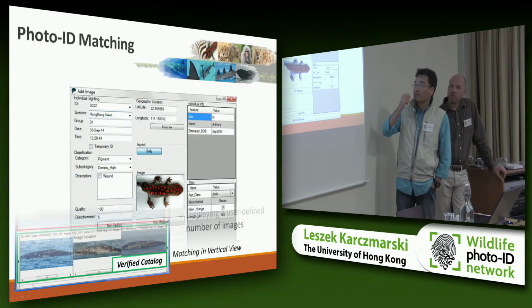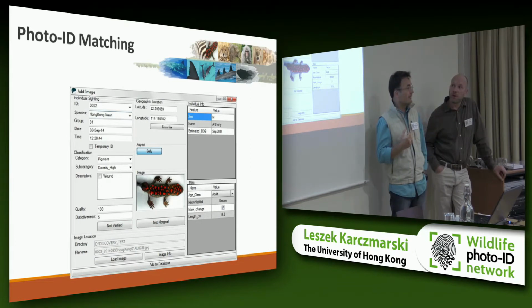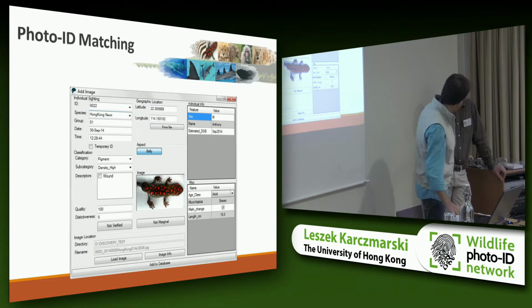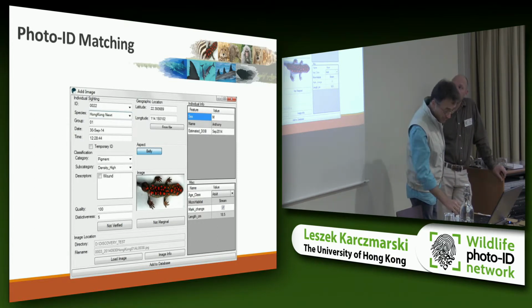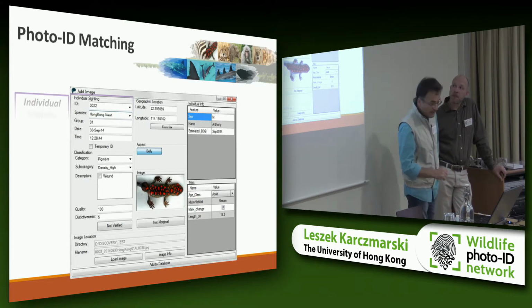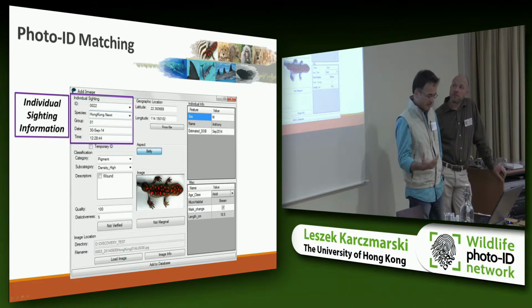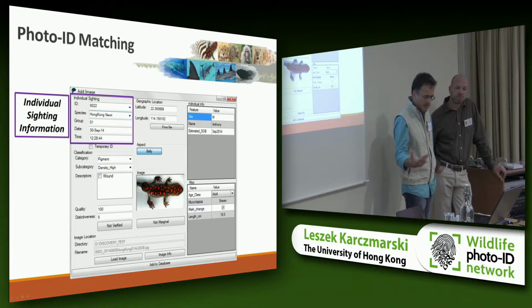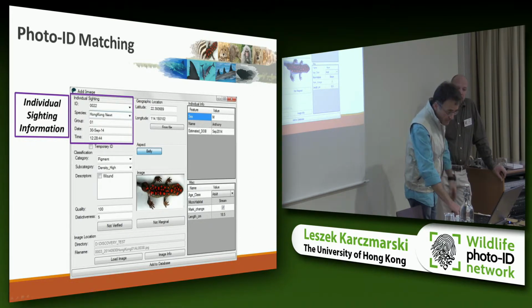And once you find a new individual, like a newt in this case, from Hong Kong, new individual or match, well, then you include all the individual information, such as your ID, your species, your group, your date of sighting, and so on, your time, if that's important.